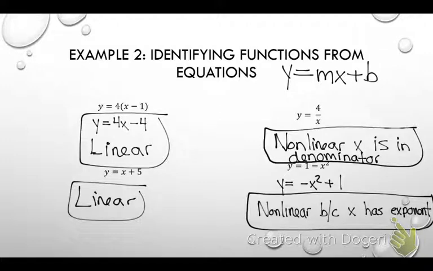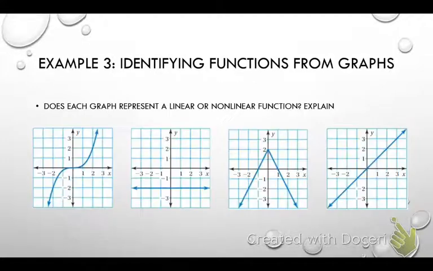Now example 3, which I find funny, because I think this maybe should have been the first example to give us a visual. Basically, what it's asking in example 3 is whether it is linear or nonlinear, and it literally means is it a straight line or not, all the way through.